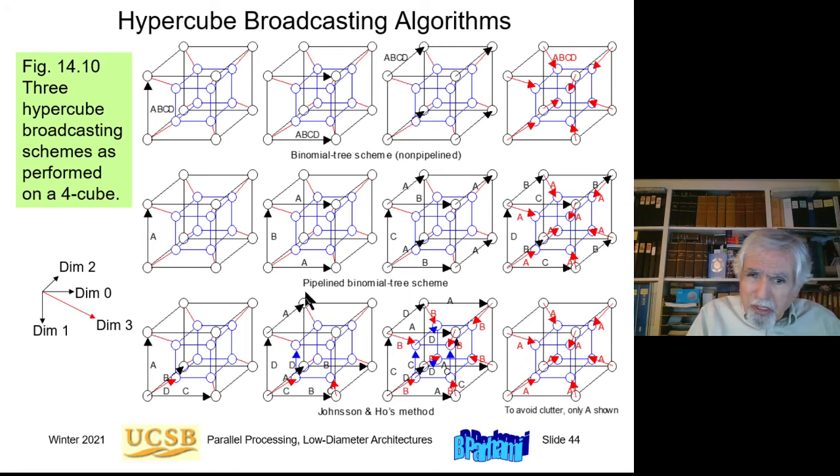In the next step, A goes on to this dimension, B, which went along the diagonal dimension first, now goes in this dimension, and so on. So each packet goes through its own binomial broadcast tree, but you see here that nodes basically have to be able to send messages to all of their neighbors at once. I didn't even bother to draw all the paths here because it becomes quite messy. So I've only shown the last step for packet A, which is the same as this. The last step for packet B would be along another dimension, and so on.